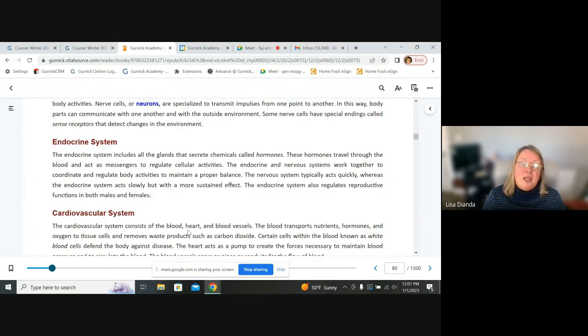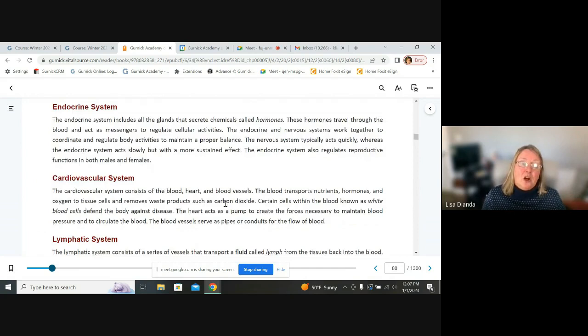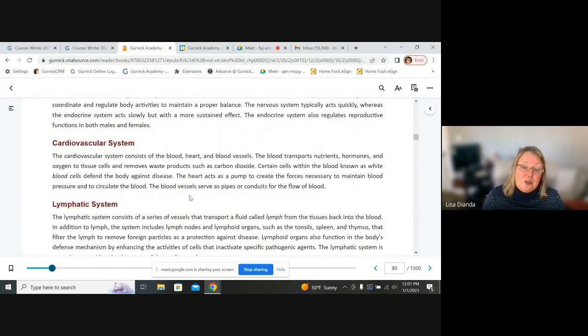Endocrine regulates all the balances of your body. Reproductive, cellular activities, right? These hormones manage all of our systems. Cardiovascular, muscular, heart, blood, the vessels that carry blood.